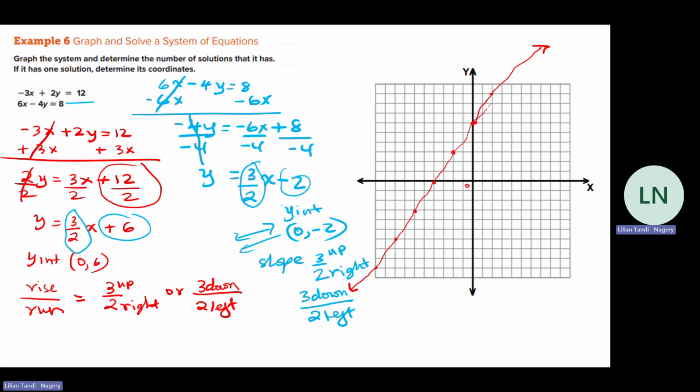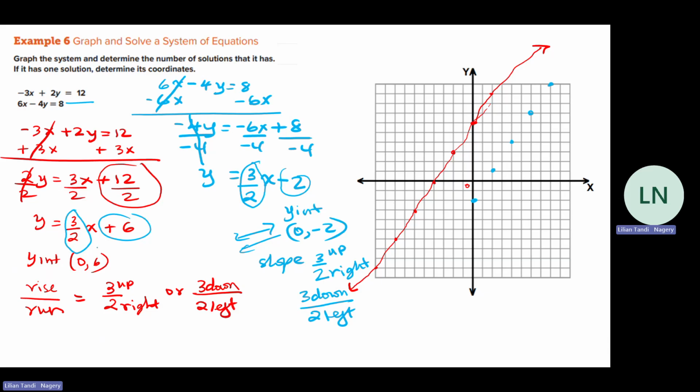Okay, so I go to (0, negative 2), which will be here. Then I follow my rule. 3 up, 2 right. 3 up, 2 right. 3 up, 2 right.